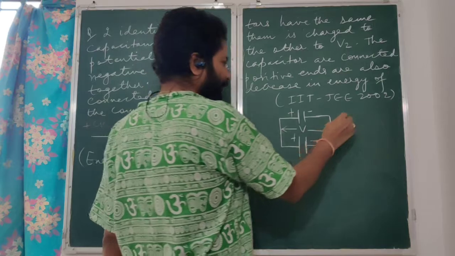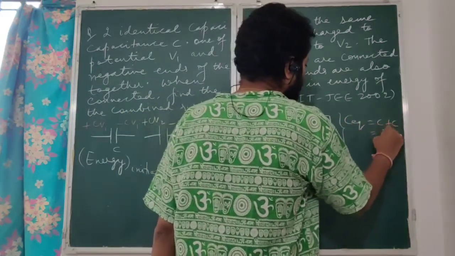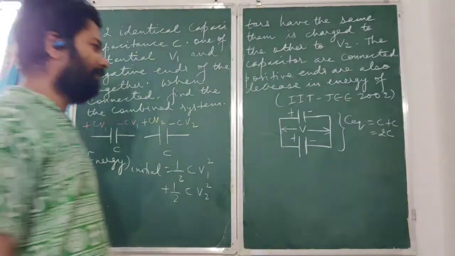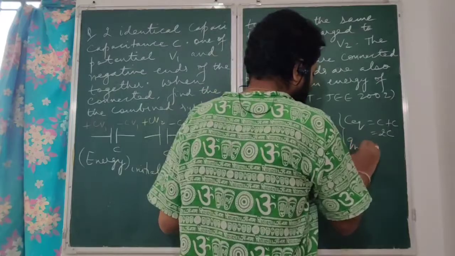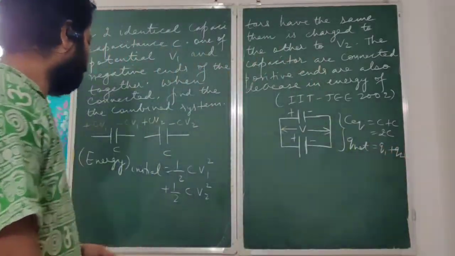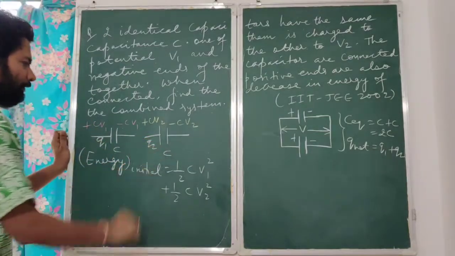What is the equivalent capacitance now? Equivalent capacitance will become parallel, so C plus C, 2C. And what is the net charge? It will become Q1 plus Q2. So what is Q1? CV1. This is Q1 and this is your Q2.